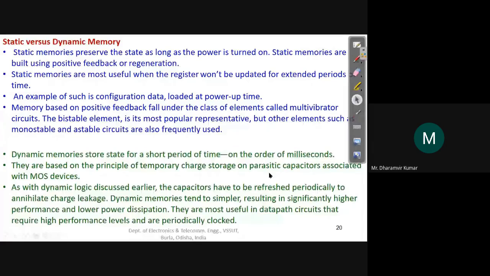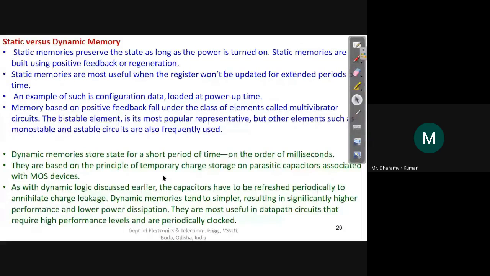And we know that with time the parasitic capacitances lose their charge, so it needs to be refreshed at some regular interval of time, and that's why there is a need of a clock signal with a minimum frequency, at least some desirable frequency, so that the capacitors do not lose their charge.